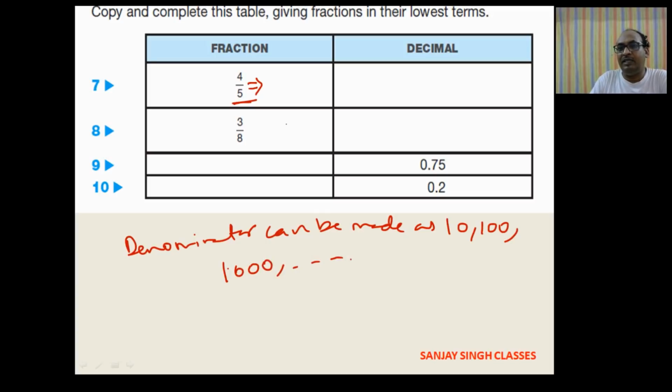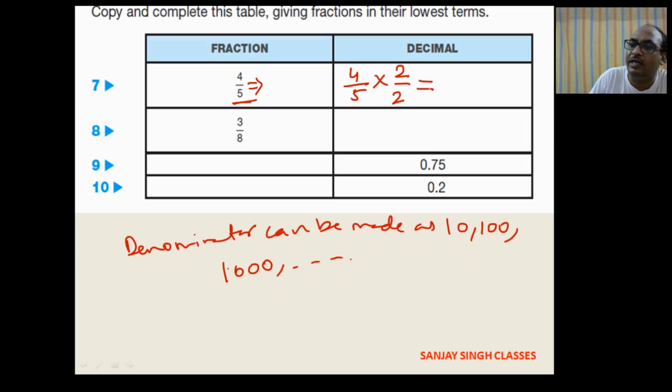Like if I take 4 by 5 here, I want to make the denominator 10. So what I will do, I will multiply numerator and denominator both with 2, so that 5 into 2 will give us 10. As we have already seen, multiplying with the common factor will not change its value.